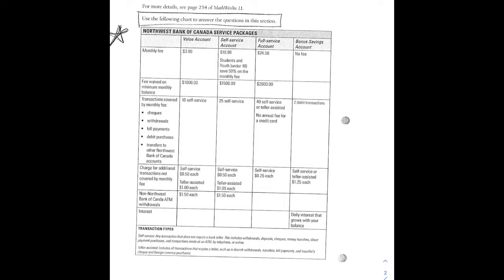A teller-assisted transaction requires a teller, such as an in-branch withdrawal, transfer, or bill payment. So pretty much when you go to the bank, and the other is when you don't go to the bank. You have to be aware of how that works because sometimes you have fees. We can see here, charge for additional transactions not covered by monthly fee.